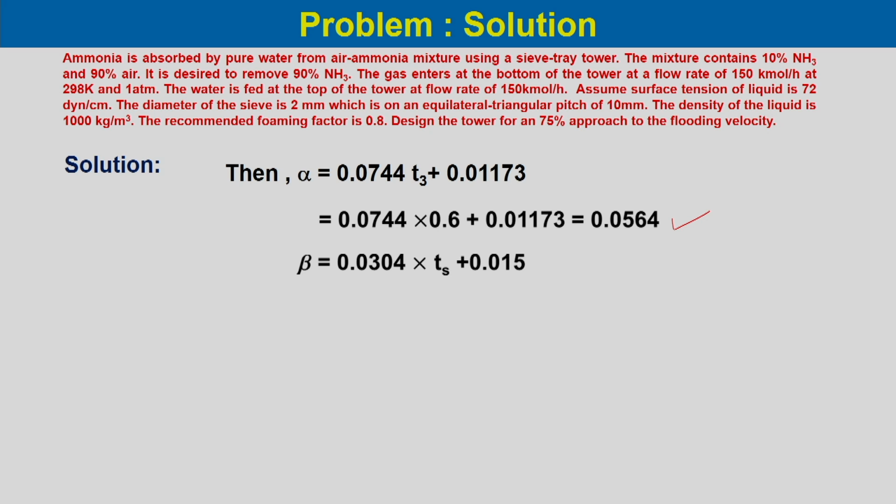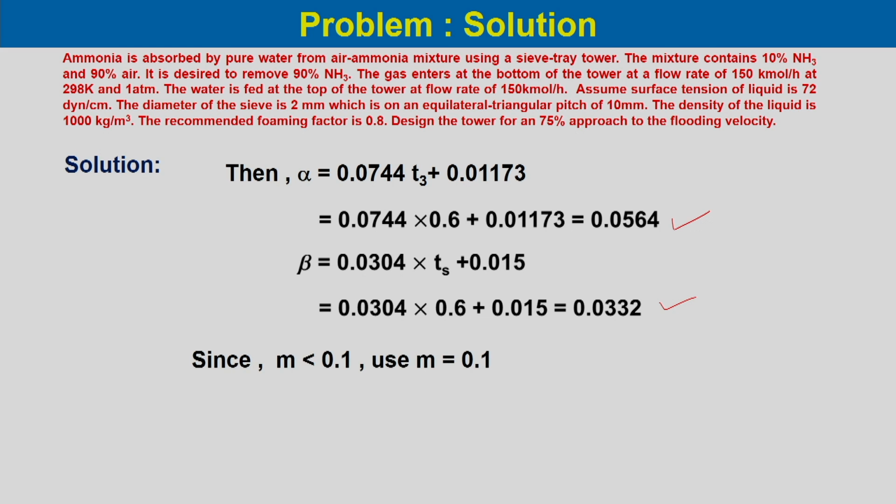Then we can calculate beta using the relations provided in the lecture, which will be around 0.0332. Since m is less than 0.1, use m equal to 0.1, as we have said earlier.